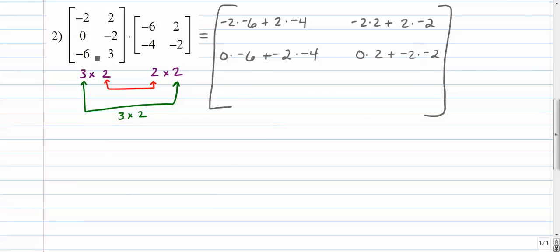Down here we're going to use row 3 times column 1, negative 6 times negative 6 plus 3 times negative 4. Over here, row 3, column 2, negative 6 times 2 plus 3 times negative 2.